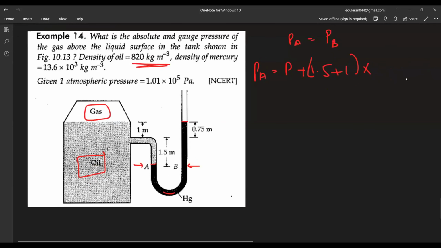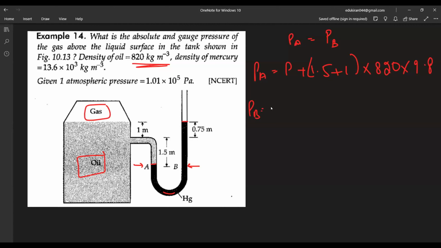So this will be into 820, acceleration due to gravity 9.8. In the question, it can be given that take G as 10, but here it is 9.8, so we are taking it as 9.8.